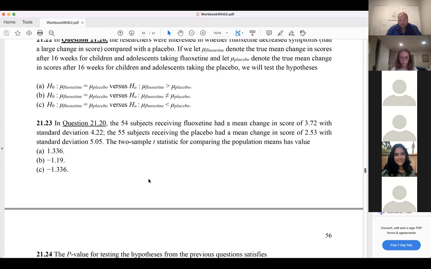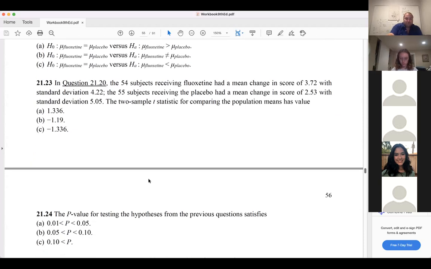Good. I got A also, 1.336. What's the p-value for number 24? Is it A, B, or C?